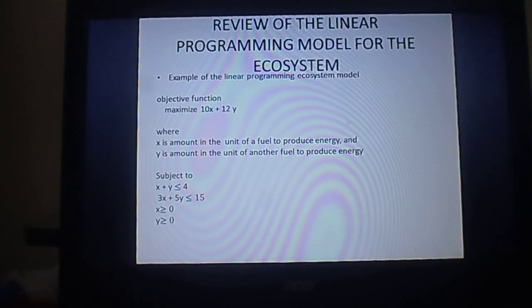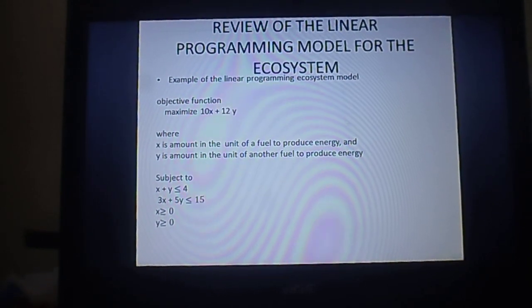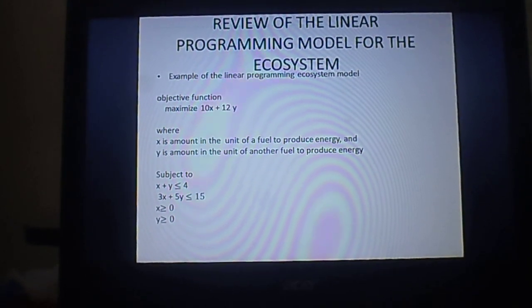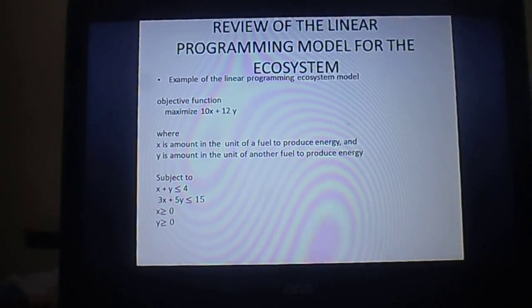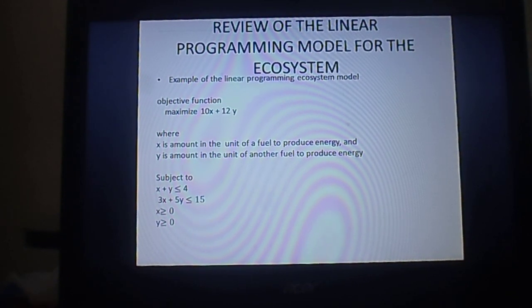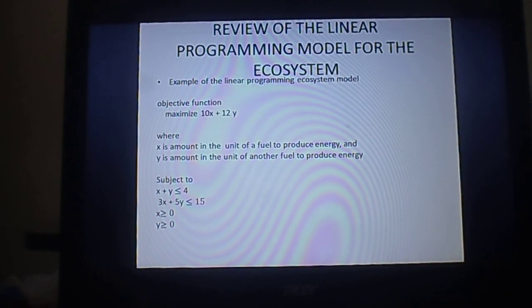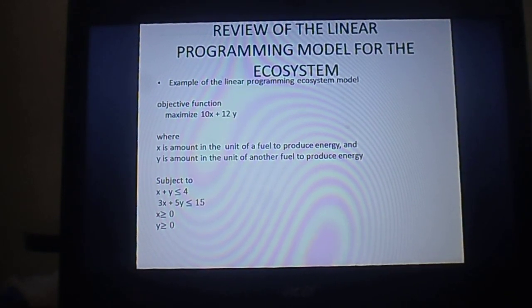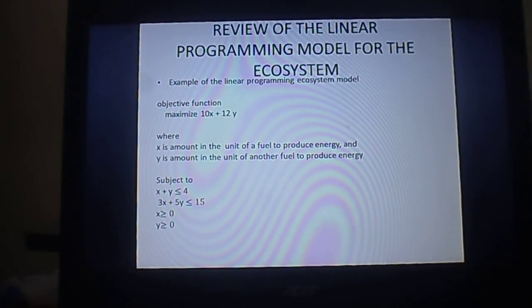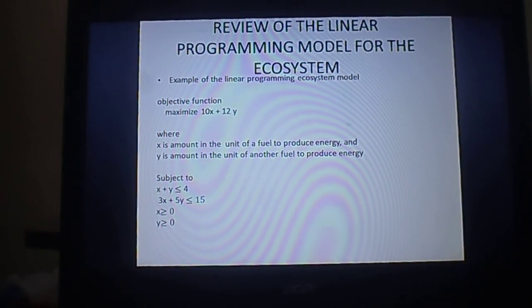Consider a review of the linear programming model for the ecosystem mentioned in the previous discussion, with the goal of maximizing 10x plus 12y, where x is the amount in the unit of a fuel to produce energy, and y is the amount in the unit of another fuel to produce energy.